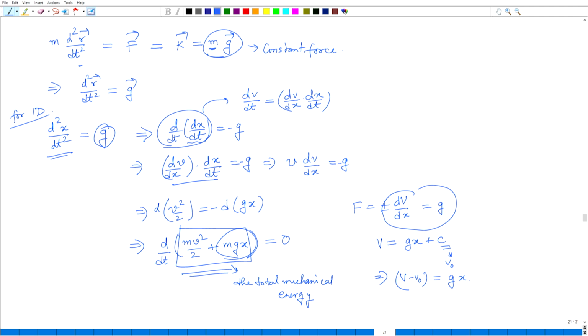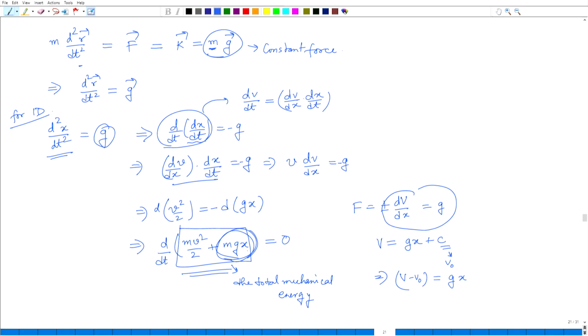This is very important, because this is exactly the case for gravity due to the earth. When the earth is pulling every body very close to the surface, where you can neglect the variation of acceleration due to gravity, then practically for all particles, irrespective of mass, the acceleration is constant.